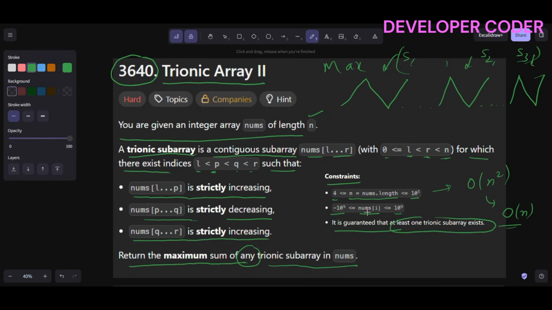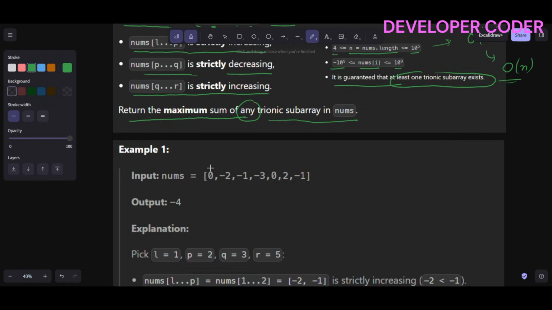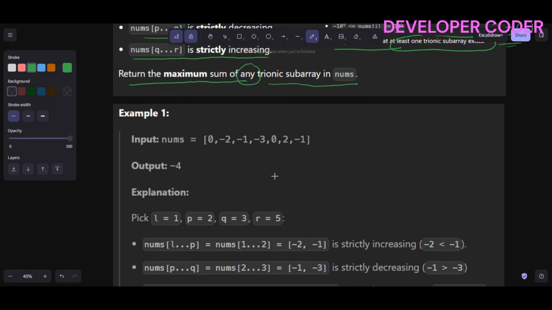All right, so now let's understand this with example number 1. Strictly increasing, so 0, then minus 2. Minus 2 is not greater than 0, so I can't start from here. So let's start from minus 2, and minus 1 is greater than minus 2.